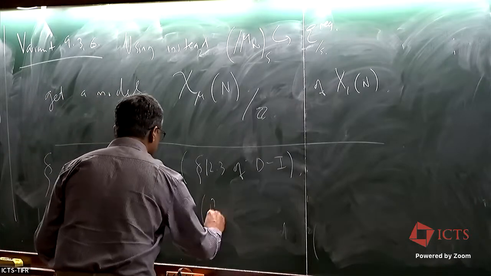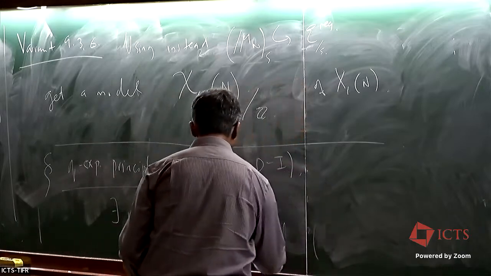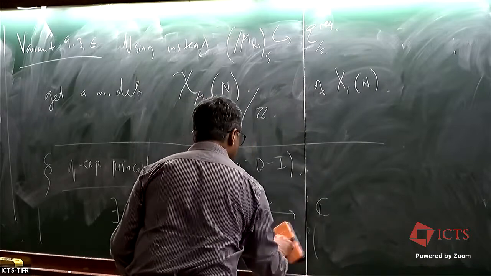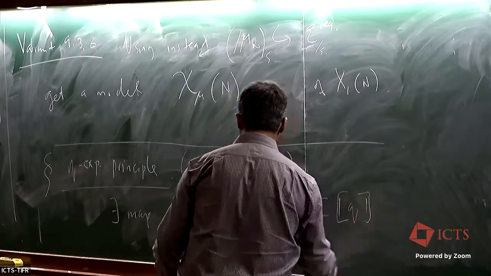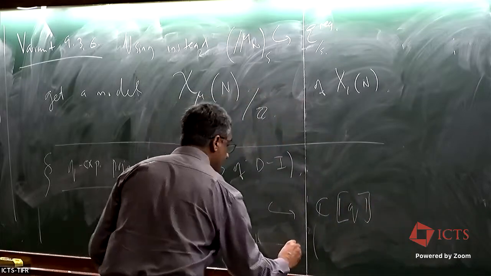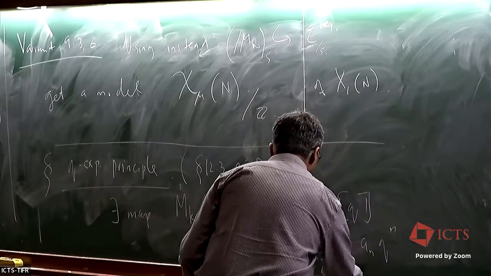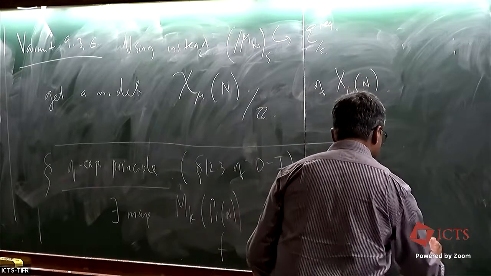So the space of classical modular forms of weight k and level Gamma_1(N), we know that there's an injective map into C power series in Q, sending f to its expansion at infinity.